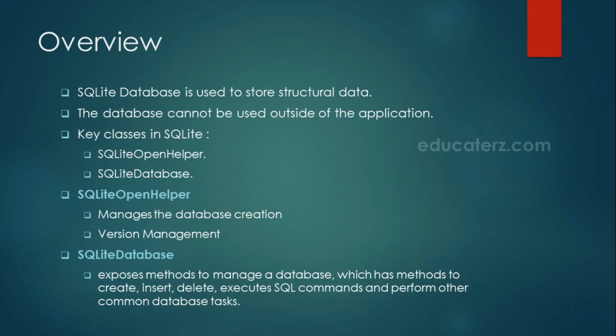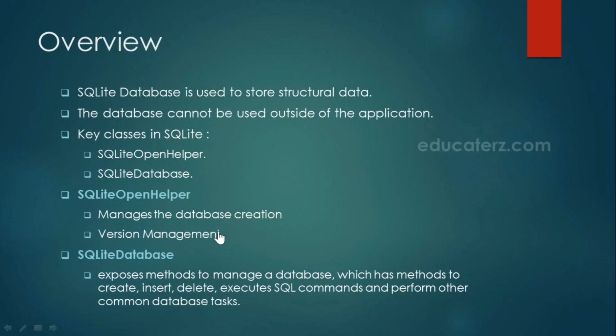Whenever you want to store structural data, we use the SQLite database. In the SQLite database in Android, we have two key classes. One is SQLiteOpenHelper, another one is SQLiteDatabase. SQLiteOpenHelper allows us to create the database, manage it, and handle version management as well.